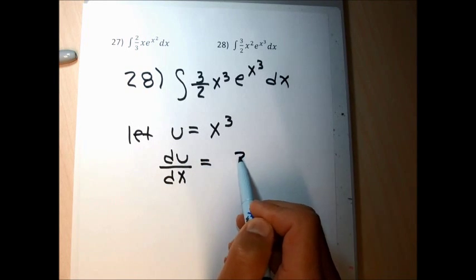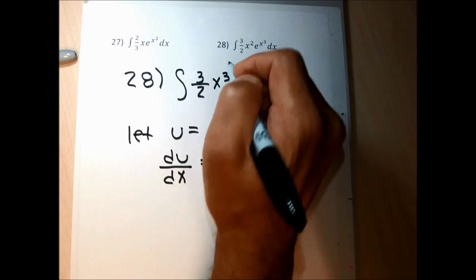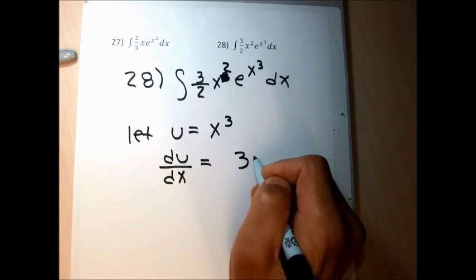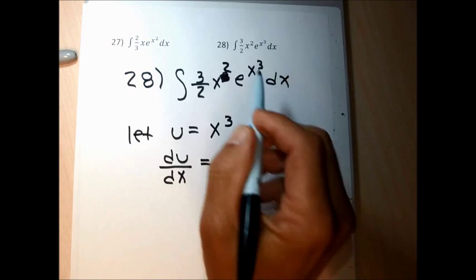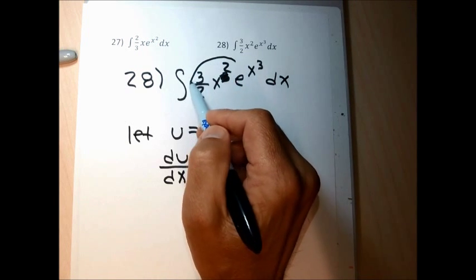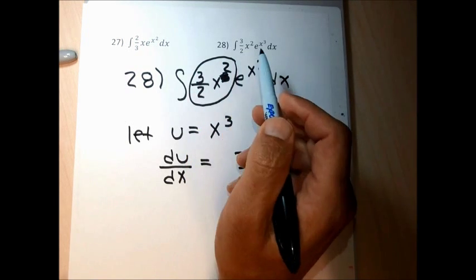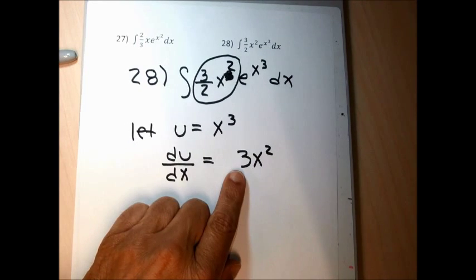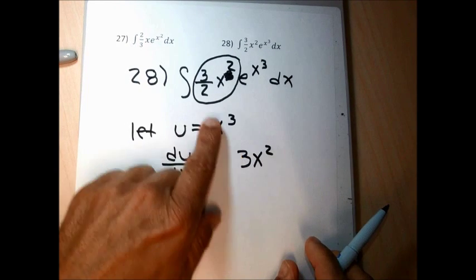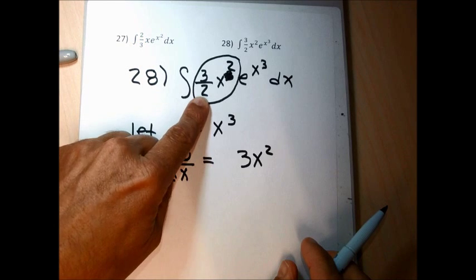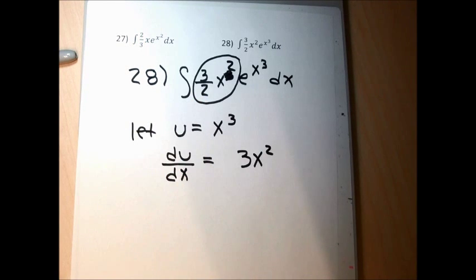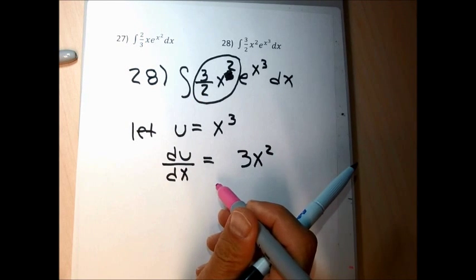So du dx is going to equal 3x squared, but I need to change out a 3/2 x squared. Well, I have the 3, I have the x squared, I don't have the 2 in the denominator, and the nicest way to get that 3/2, I could divide by 2.